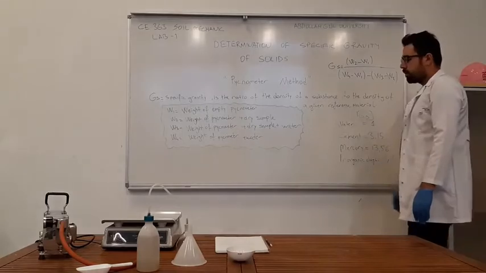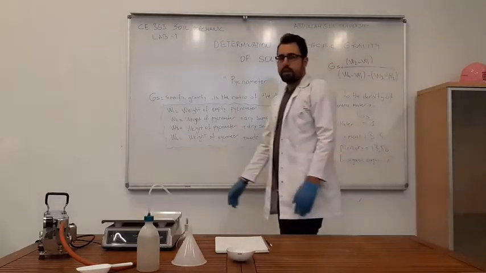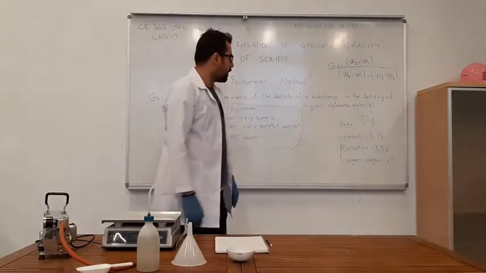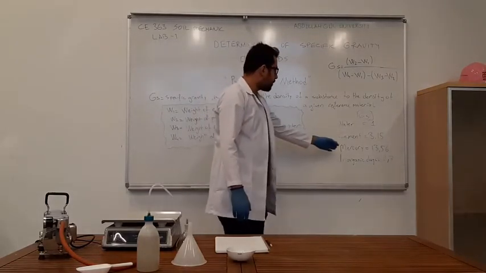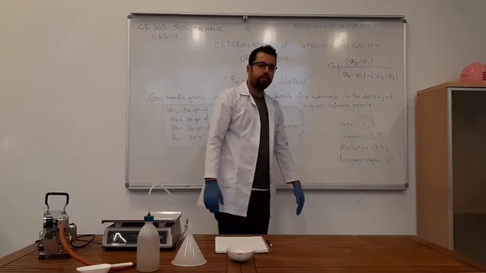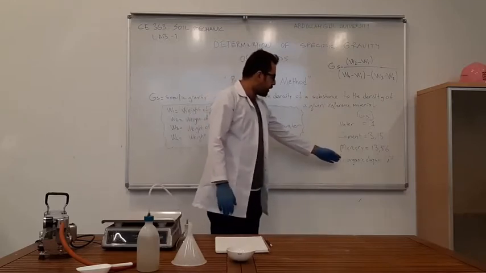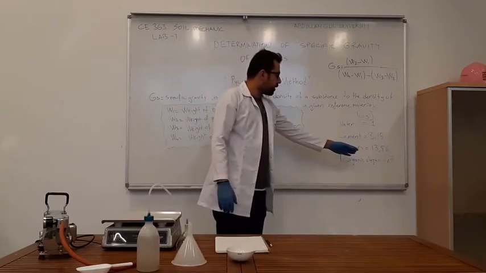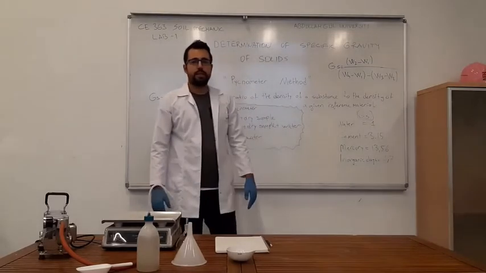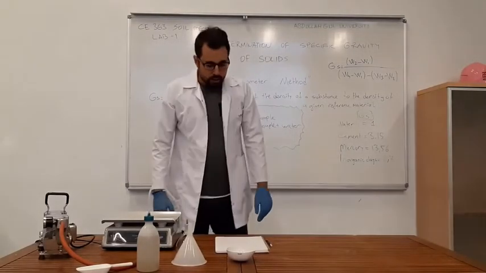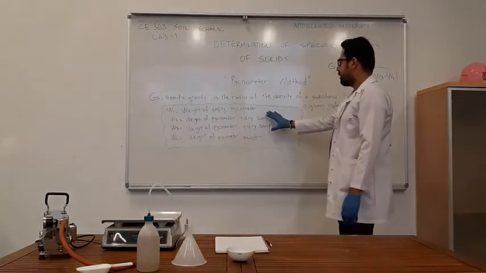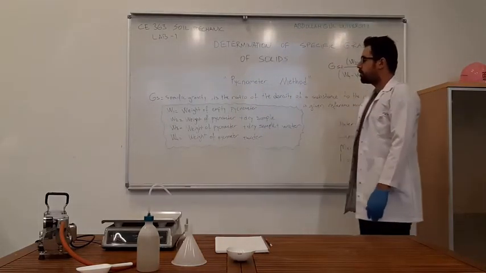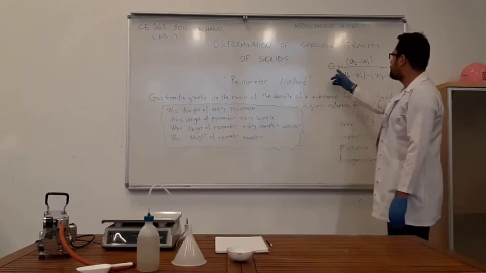Water, we all know it is equal to 1, and cement 3.15, mercury 13.56, and inorganic clays nearly equal to 2.7. And these are some values we will use in the equation of Gs.